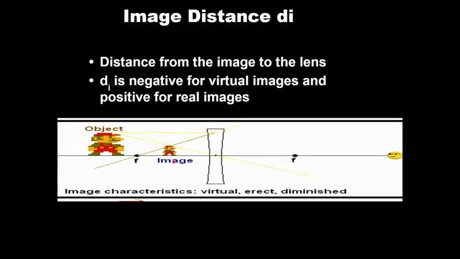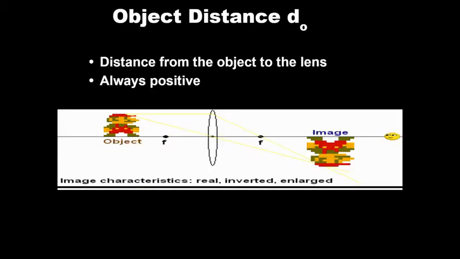Again, this is a sign convention, and it basically makes the math work out correctly. So for the image we see here of the little Mario, the virtual image will have a negative image distance. If I go back to the previous slide, this image distance would be considered positive.